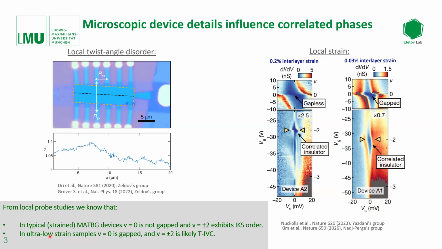For example, in ultra low strain samples, filling factor 0 is usually gapped, and filling factor ±2 could potentially be a TIVC state. So there are really minute differences based on this built-in strain.